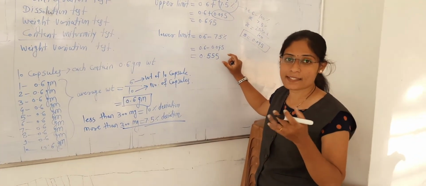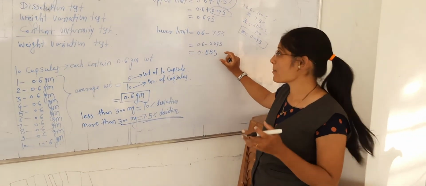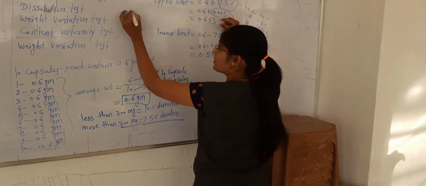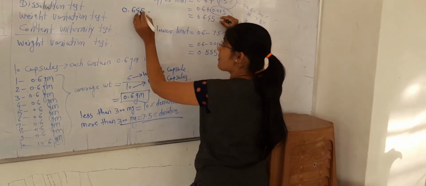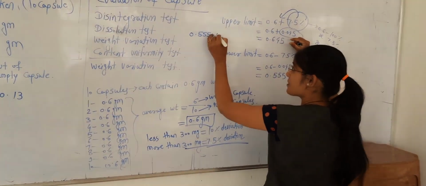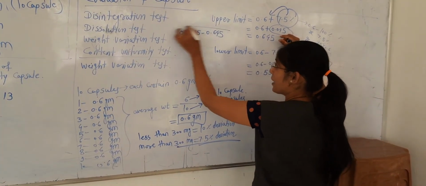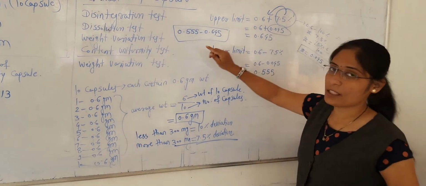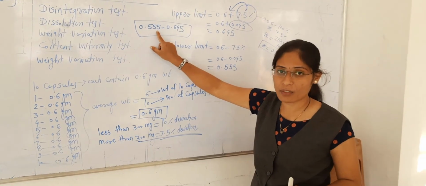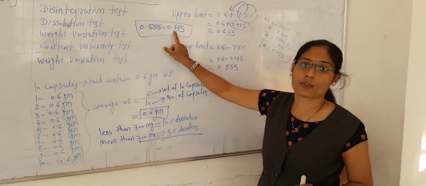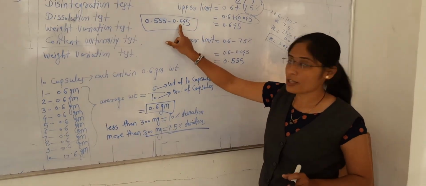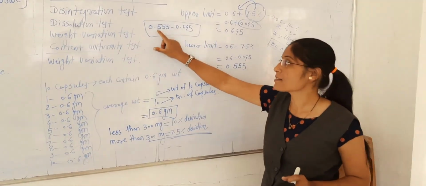Means your capsule is acceptable if the weight of the capsule is in the range of 0.555 to 0.645. The weight of the capsule should not be more than 0.645 and should not be less than 0.555.